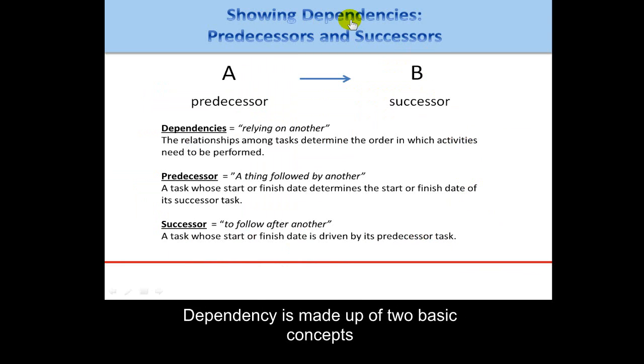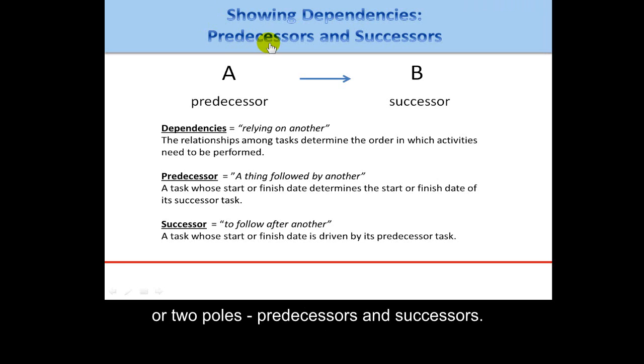Showing dependencies is made up of two basic concepts, or two poles: predecessors and successors.